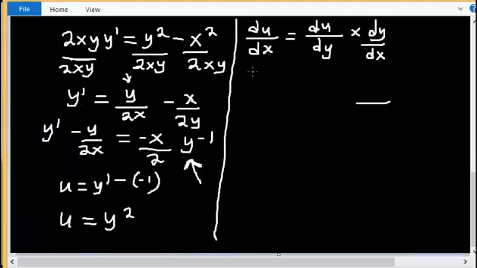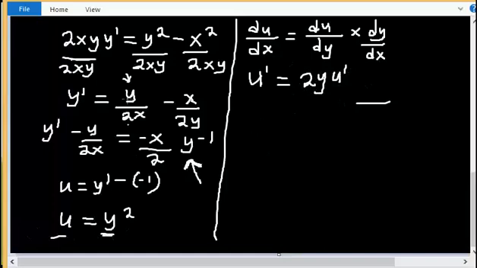Now let's see how that works. The u with respect to x is u prime. If I differentiate u with respect to y, you know what I'm going to get, that's 2y. Then the y with respect to x gives me y prime. So that's number one.